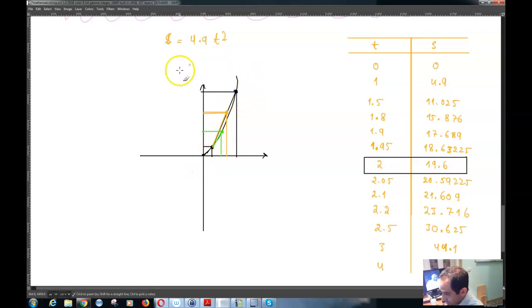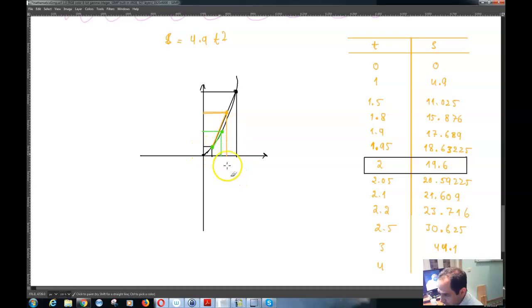So we can do the same thing for the data that we have here. We can pick, for example, this point as t is equal to 2, and get closer and closer to 2 until we close in on 2 enough so that we can call that average velocity the instantaneous velocity.